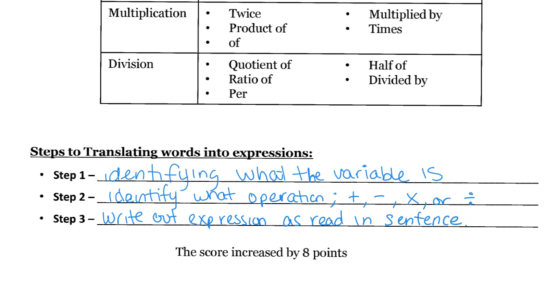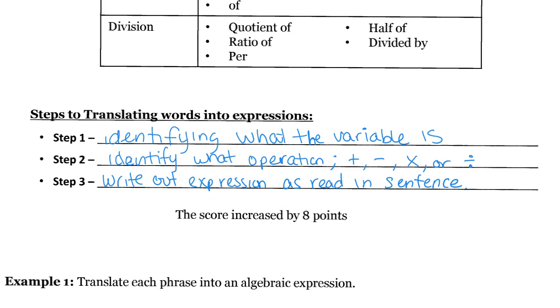So let's look at this example right here. It says the score is increased by 8 points. Okay, so which one do you think is our variable? Score, increased by, or 8 points? So score is our variable, and you could use whatever letter. In this case, I'm going to use S. And then increased by.